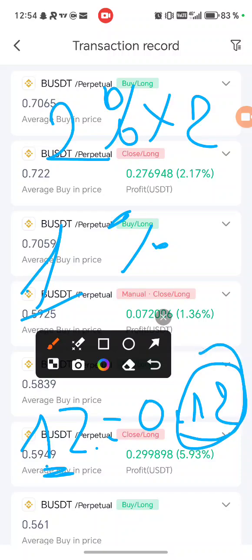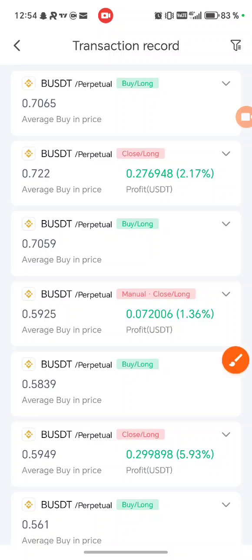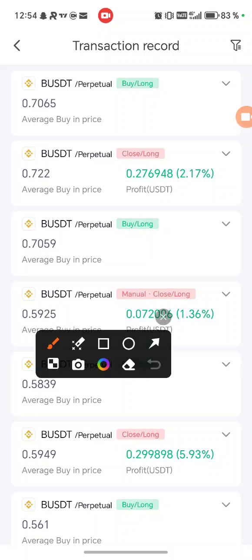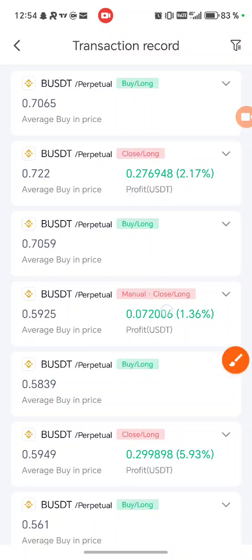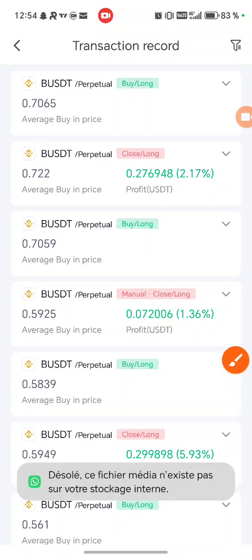I hope it is clear for you. The 2.17% that I made has given me a real-time profit of $0.27.